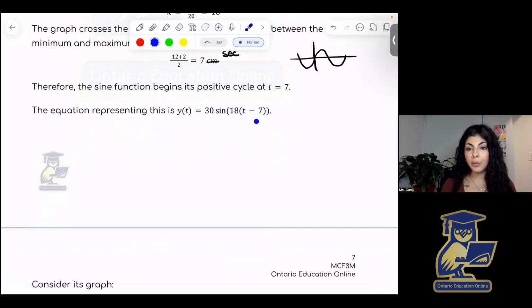So again, following order of operations, I have to shift 7 units to the right, so 7 seconds right first, so t minus 7, and then I'm going to multiply this by 18 for my compression by a scale factor of 18, such that the period will be 20 seconds long. And of course, this 30 is my amplitude, or the range of motion as the building is oscillating about its starting point.